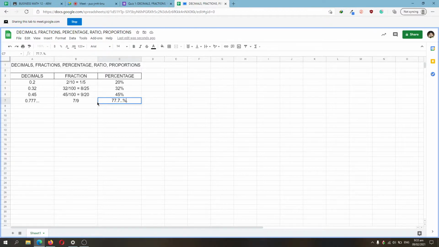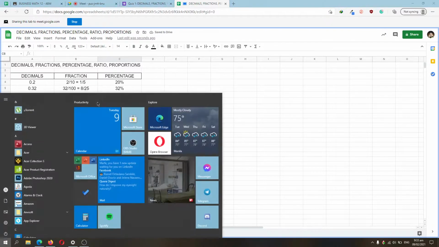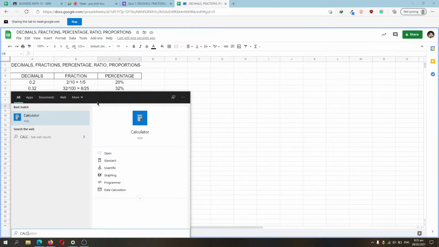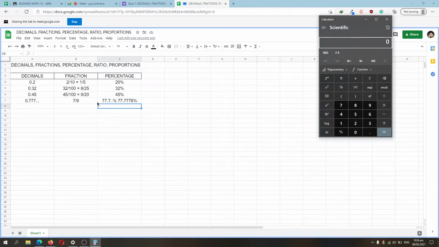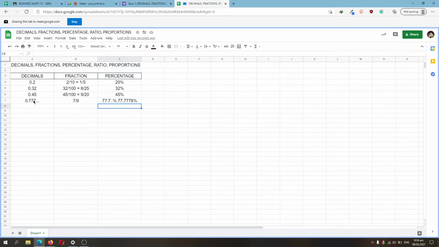Or, pwede nating i-express ng 77.7778%. Pwede rin yan. Okay. So, tama ba yung sagot natin? Tingnan natin sa calculator natin. So, 7 divided by 9 is equal to 0.7777. So, ganun siya. Kapag isang number lang paulit-ulit, kukunin natin yung 9 siya.